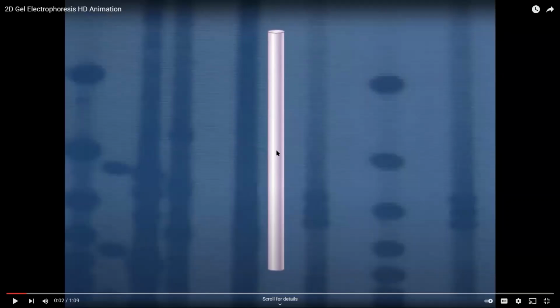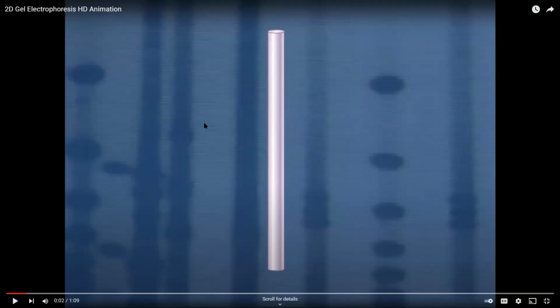This is the principle of 2D gel electrophoresis. As I have told you, 2D gel electrophoresis works on two ideas: the pI, that is the isoelectric point, and the molecular weight.